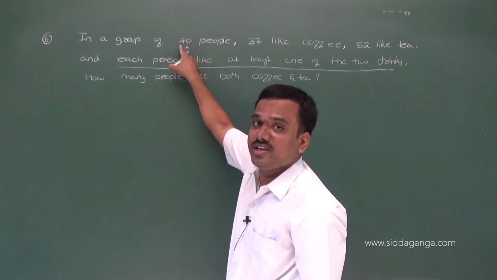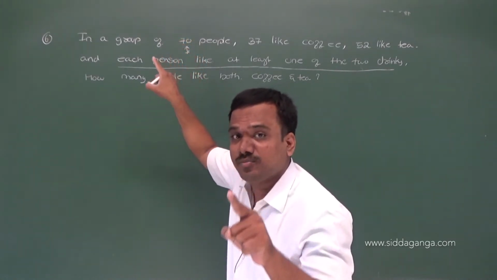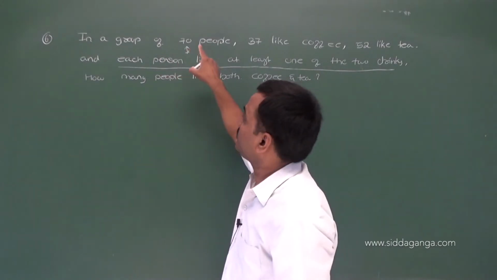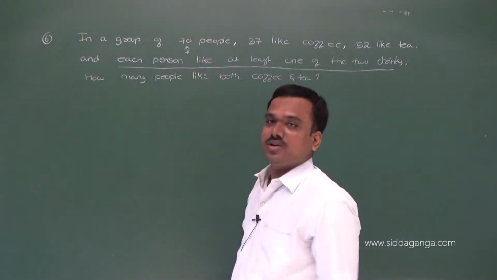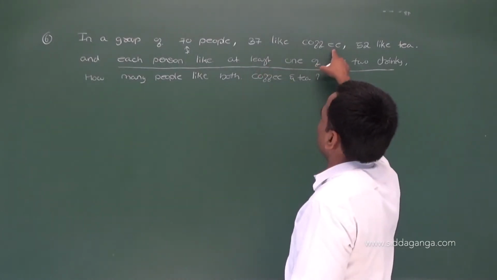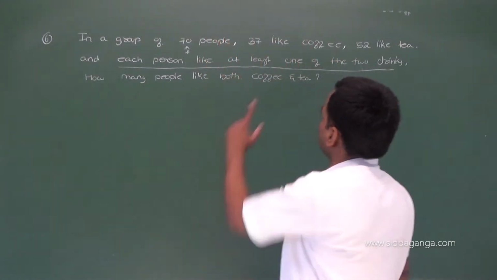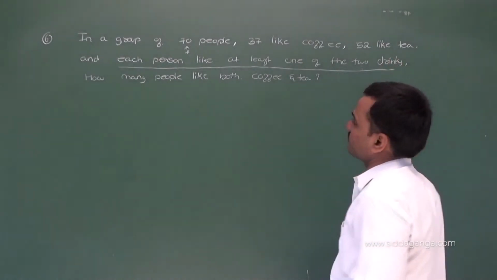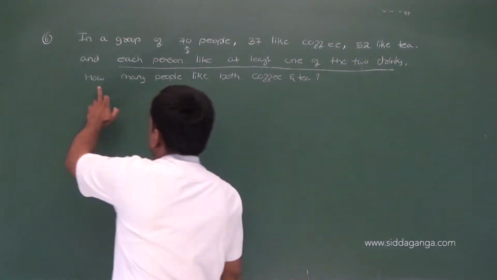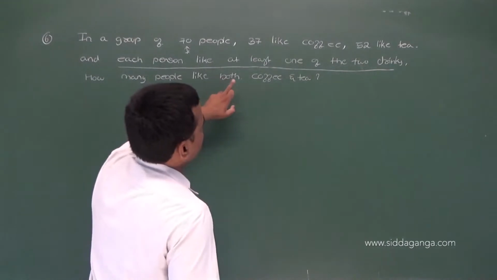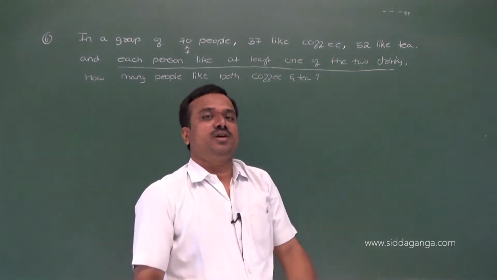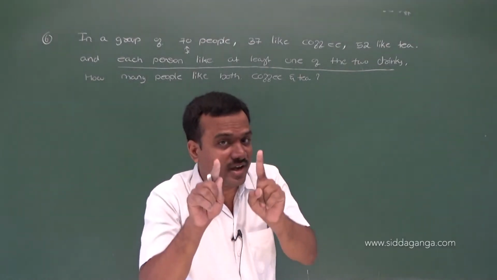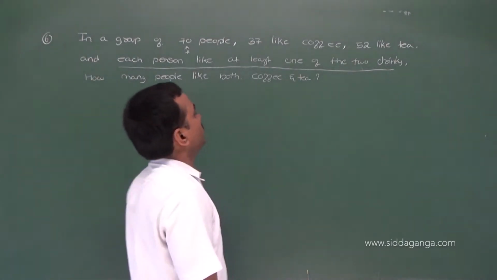This 70 is the total number of elements of the union of coffee and tea. Correct? So n of coffee is 37, n of tea is 52. What does he ask? How many people like both coffee and tea? Both coffee and tea means union or intersection? Intersection.